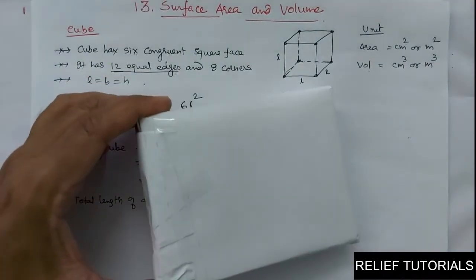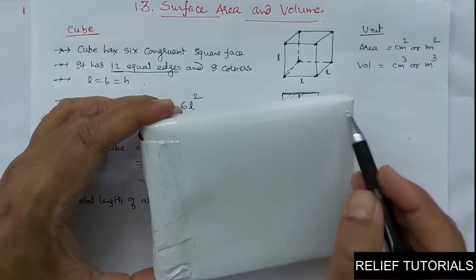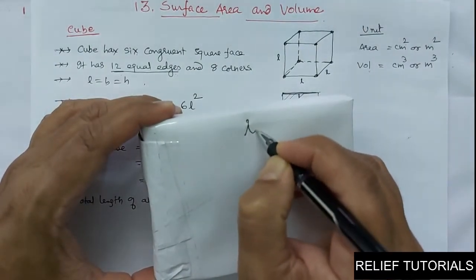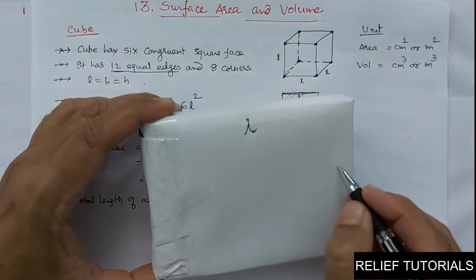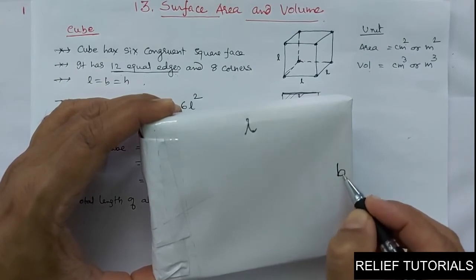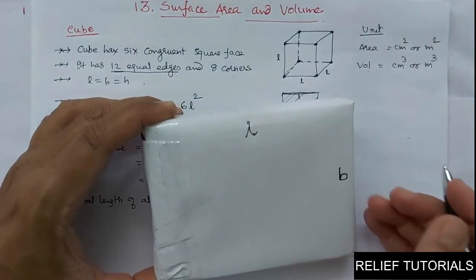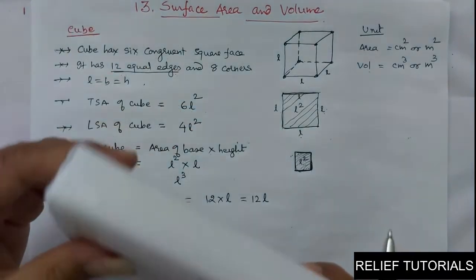Okay. Now see, if I talk about this, this is called length of a cuboid, L, and this is breadth of a cuboid, B. This is breadth, and this is called height of a cuboid.